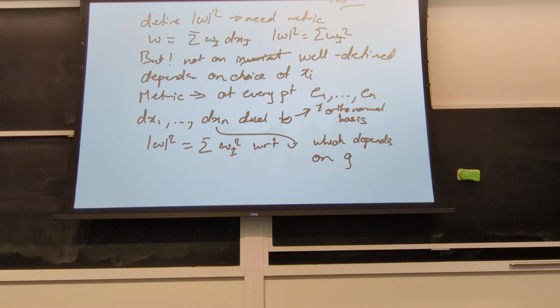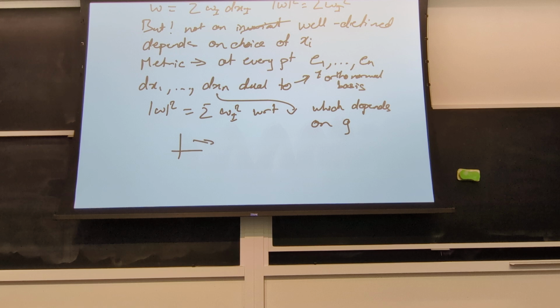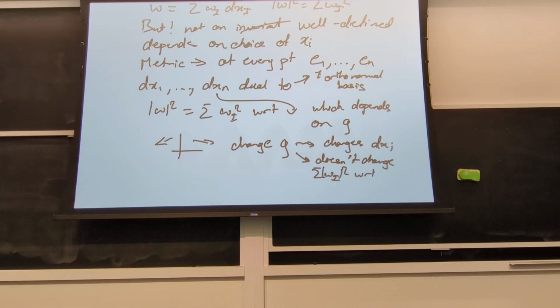So what this means is that even if you stretch out your space by a factor of 2, this will change g, which implies that it changes the dx_i, but it doesn't change the sum of omega_i squared with respect to unit basis forms.